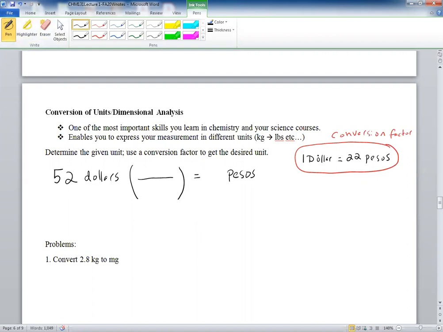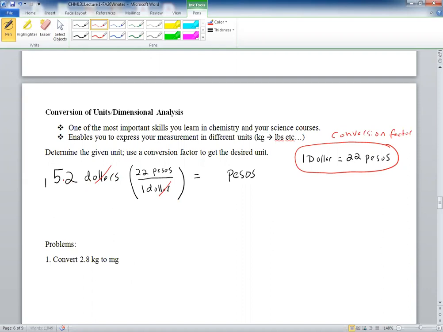Now, if you're starting with US dollars, then they have to actually be in the denominator. So in this case, we have $1 here, and then 22 pesos will be in the numerator. And the reason why is because the US dollars, the unit, will cancel out.